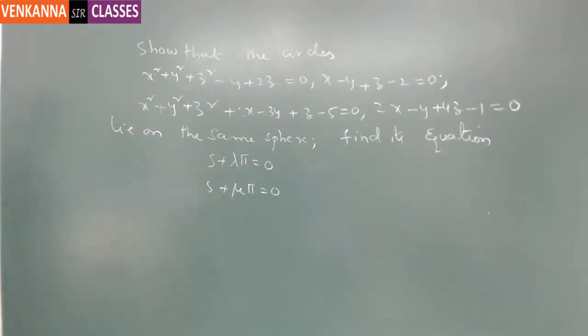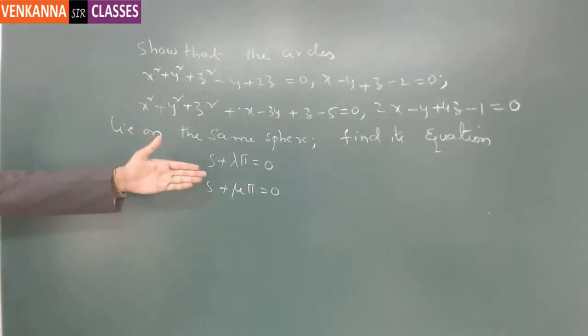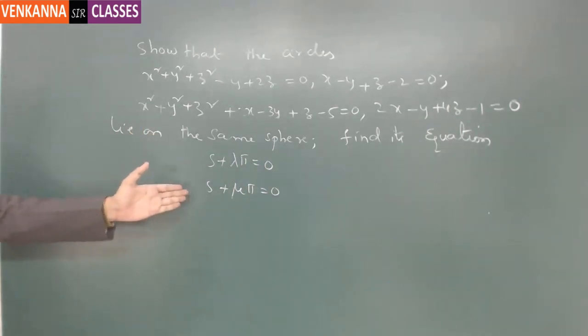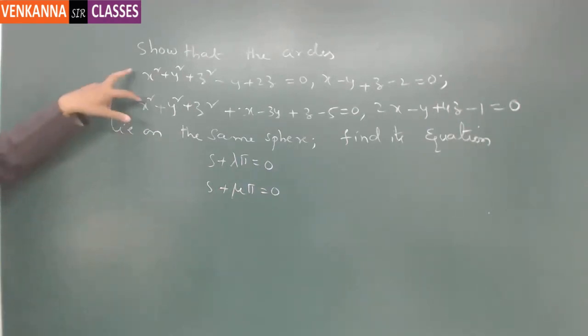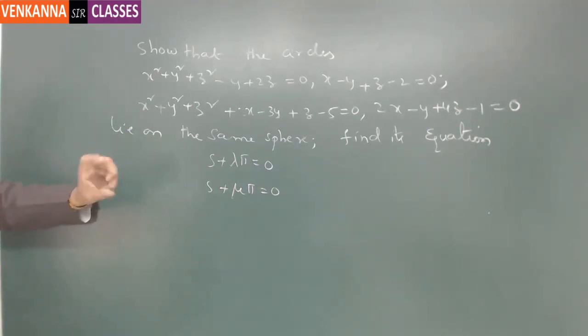Accepted? So the technique here is, I will apply S plus lambda pi equal to 0 and S plus mu pi equal to 0 for these separately, and I will equate the respective coefficients. By determining lambda and mu, I will get a single sphere equation which gives the required result.